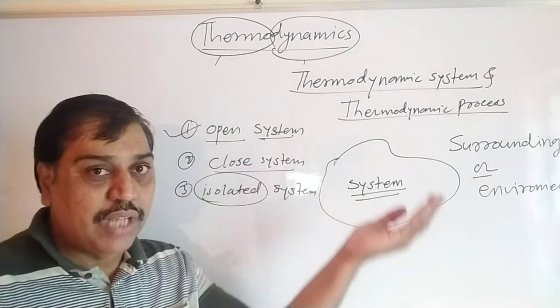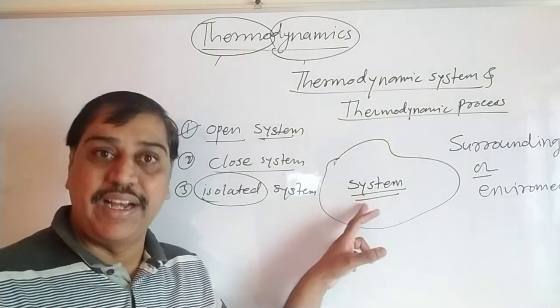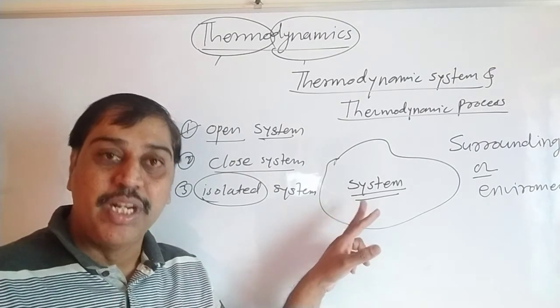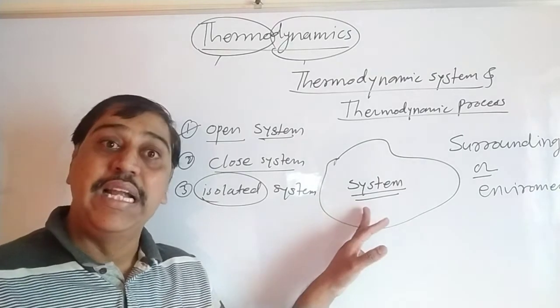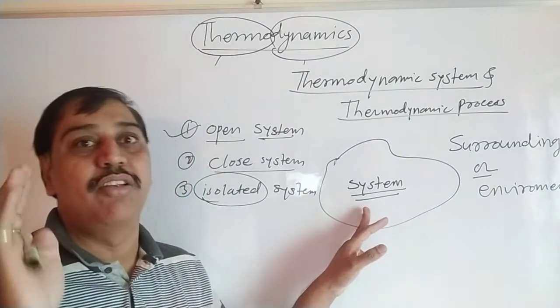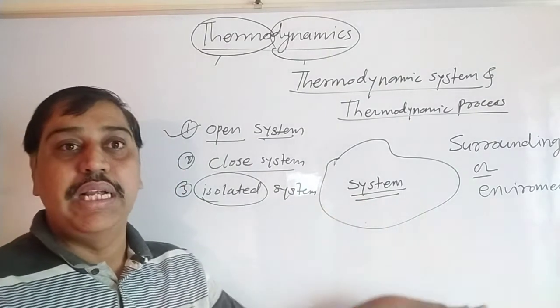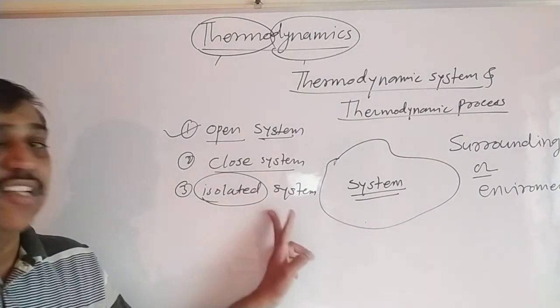Heat cannot go to the surrounding from the system, heat cannot go outside, or outside heat cannot come inside. That is isolated. Purely isolated, restricted system. If temperature can't go, matter also can't go. So temperature or matter can't go inside or outside of the system. The system is said to be a strictly isolated system.